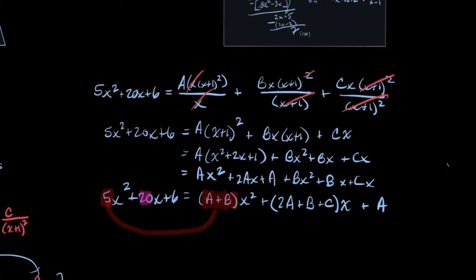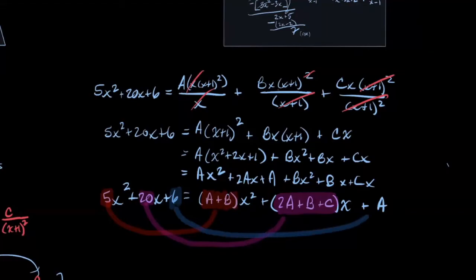What's attached to x? A 20. And on over here we have a 2a plus b plus c. And then what's left over is just the constant, the 6. And on the right-hand side, it's just the a.